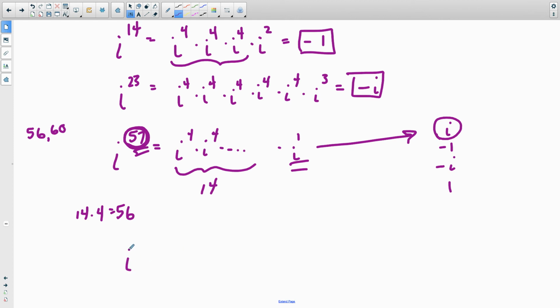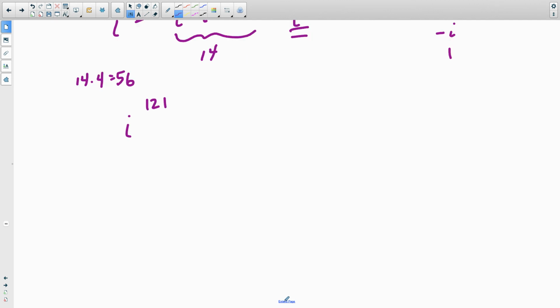One more, let's do 121. You can go off to the side or even use a calculator and say, well, 121 is not equally divisible by 4, but I can figure out what the closest multiple is. How about some long division here? 4 times 30 is 120. Here's our remainder.